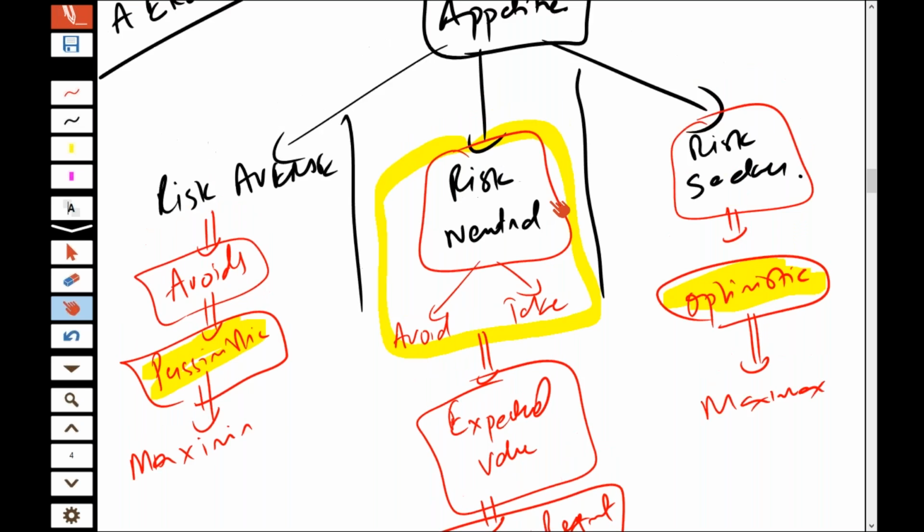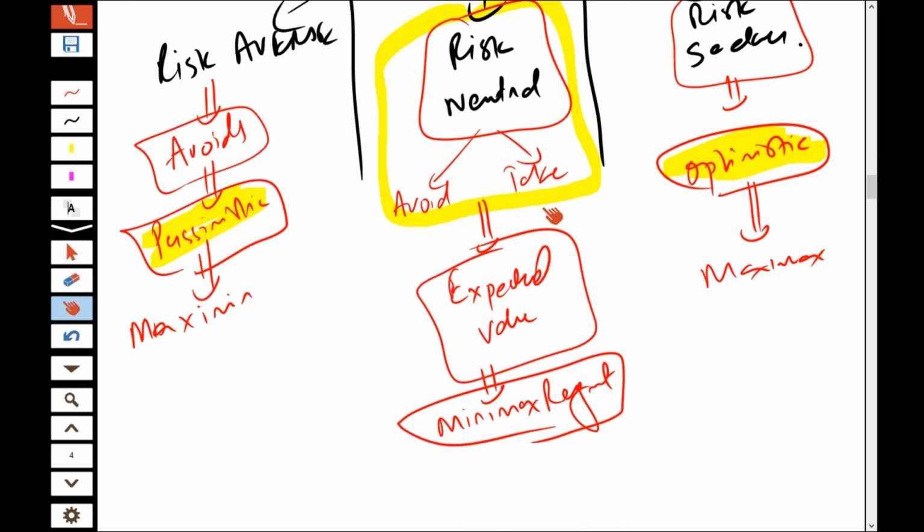So depending upon how your risk appetite is, how much inclined you are towards taking the risk, this is how your strategies are going to be. I repeat, depending upon how inclined you are, that is what is ultimately going to lead to a situation where you will decide that I'll make my decision using XYZ decision making technique.